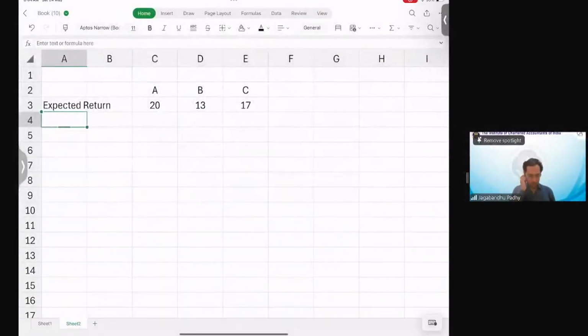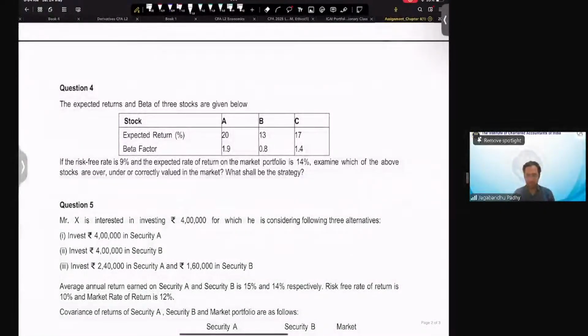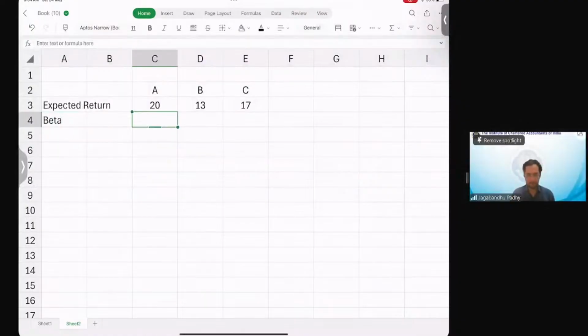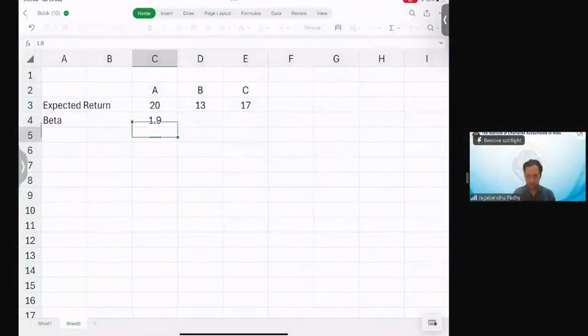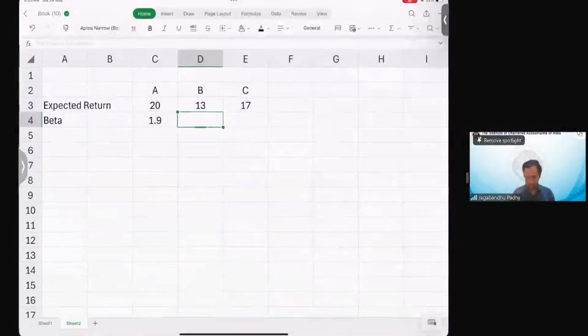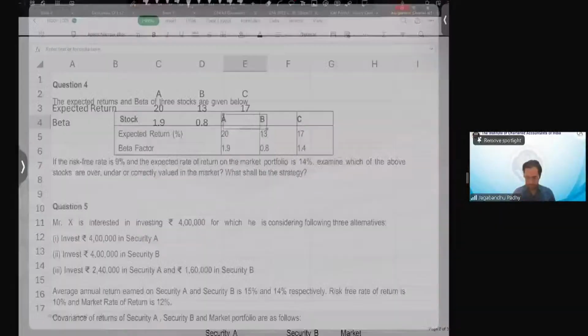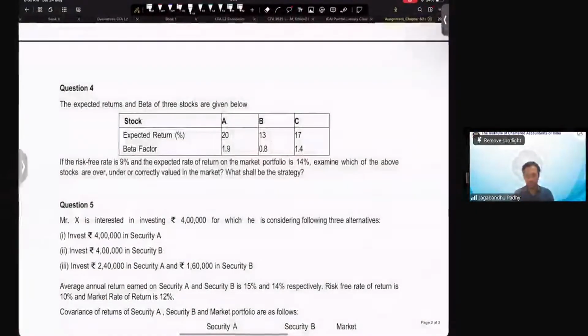And then for these expected returns, beta factors are also given. Beta is 1.9, 0.8, 1.4. Risk-free rate is 9%. Expected rate of return on the market portfolio is 14%.